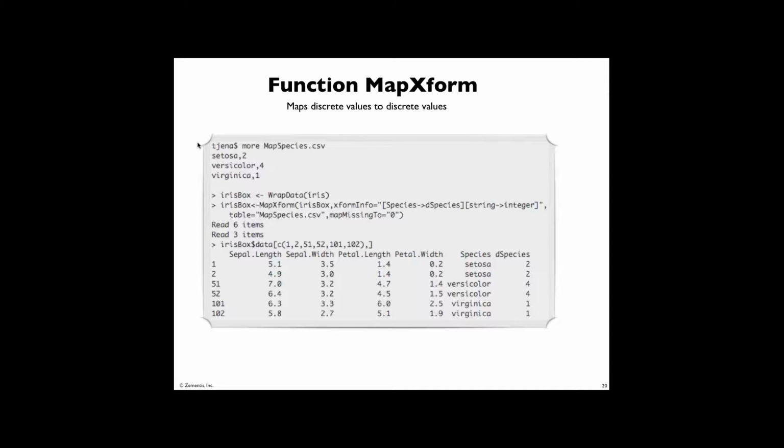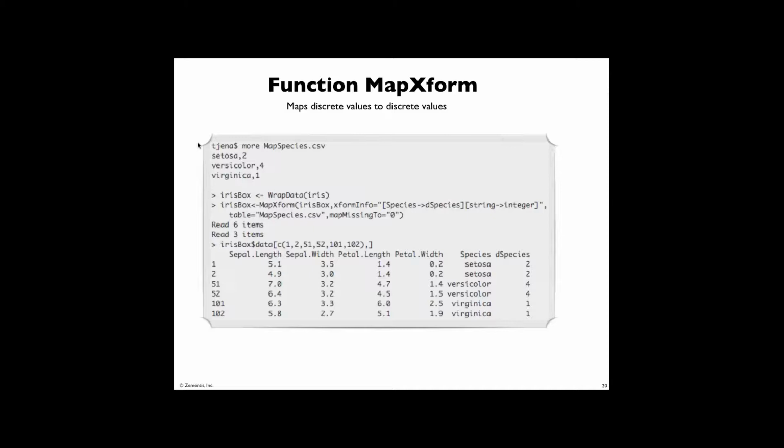So the transform info is the same format. You're saying, as you can see here, you want to transform the raw variable species to a derived variable dspecies, and you are going from a variable of type string to a variable of type integer. Species is string, dspecies is integer.